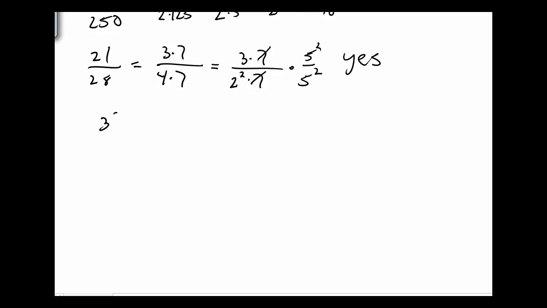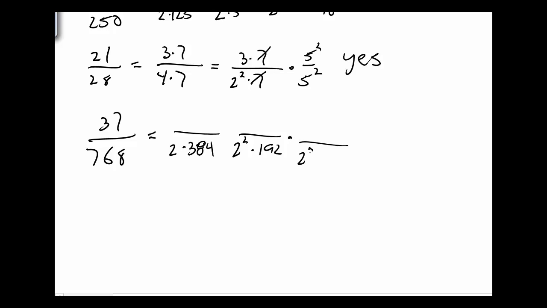Let's do 37 over 768. Our goal is to break this number up into its prime factorization and see if we can get some power of 10. Well, let's just divide 768 by 2. So it's 2 times 384, and I can take another 2 out of that. So it's 2 squared times 192, and I can clearly take another 2 out of that.